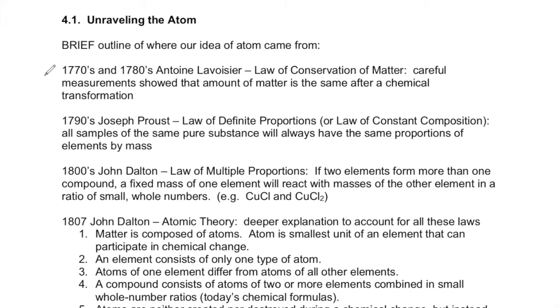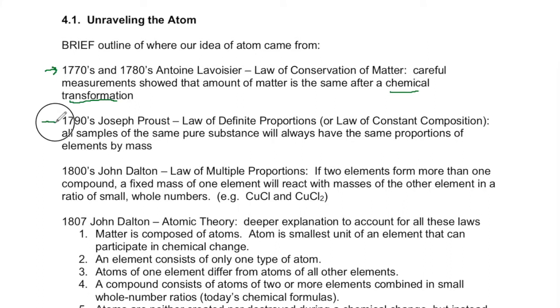Okay, so how did we figure out what matter is made of? We already mentioned Antoine Lavoisier and his work on the conservation of matter, that whenever you changed one type of matter into another with a chemical transformation, the amount that you had would stay constant.